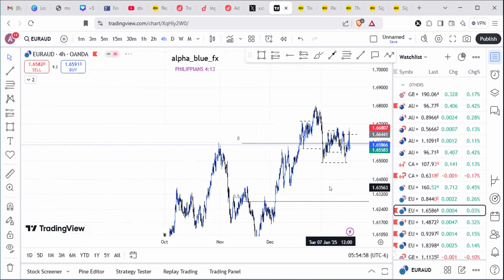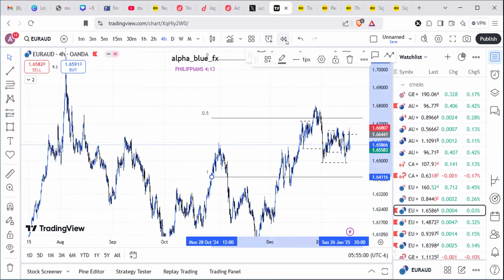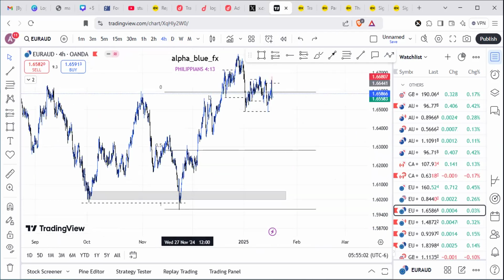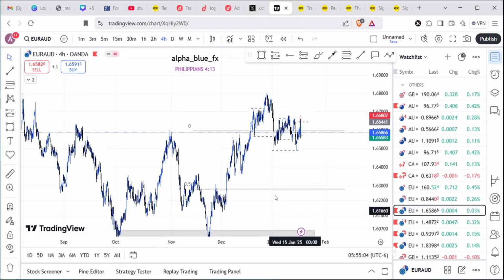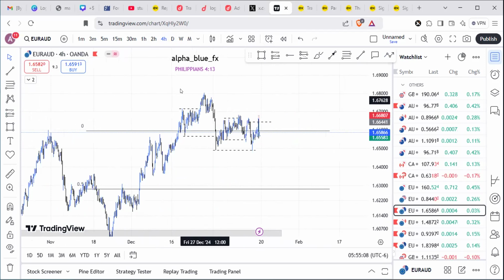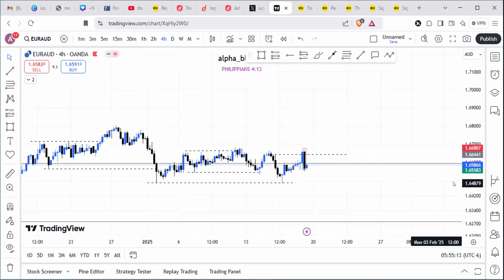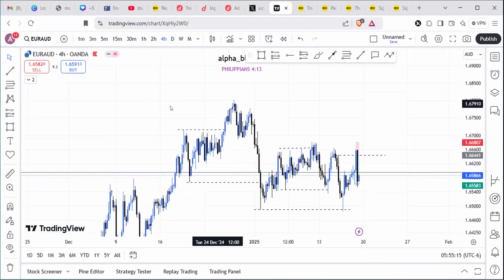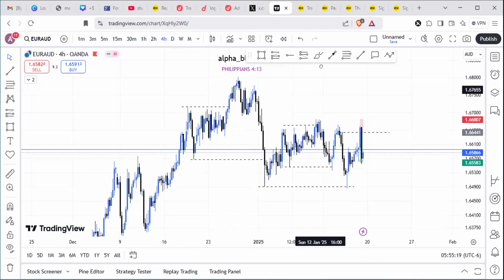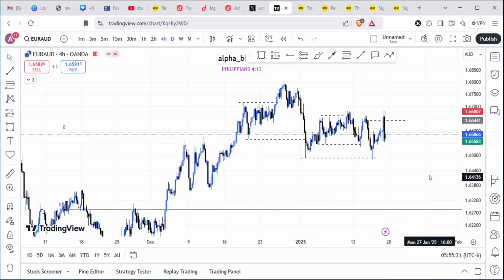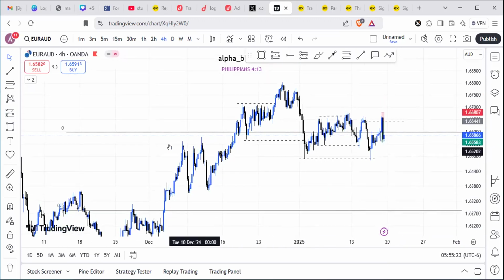So on the 4 hour, what I saw was that first of all, the market gave us this sweep right here, and then it gave us this shift, this change of character, right? Yes, we had been going up and down, giving us higher highs and higher lows.